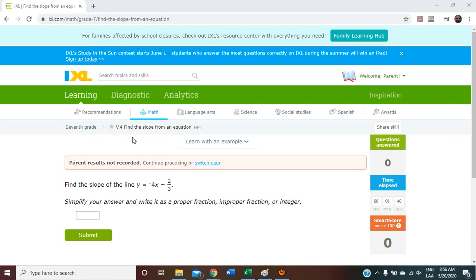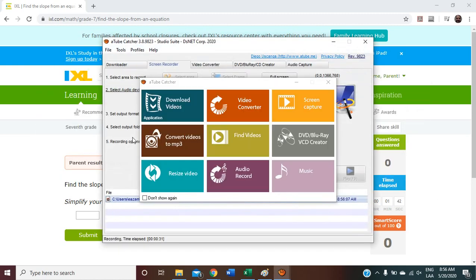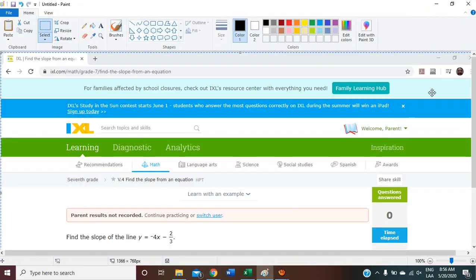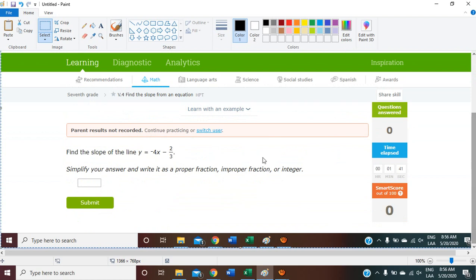The first thing you need to know is that the slope is like, for example, if you have a graph, something like this.